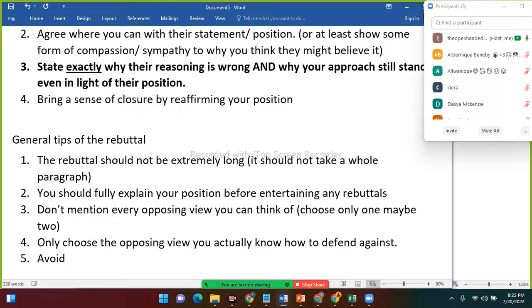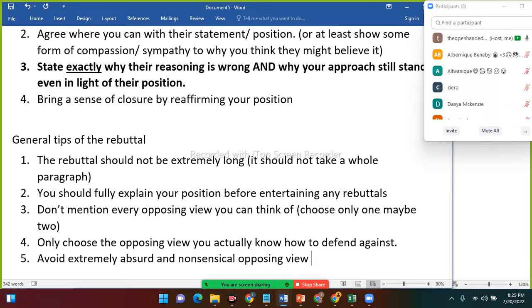Avoid extremely absurd and nonsensical opposing views. If you're thinking about an opposing view that doesn't make any sense, like someone says, I oppose that students should be allowed to use cell phones in school because cell phones are dangerous, they explode in the bathroom.